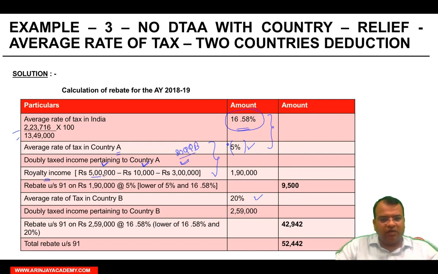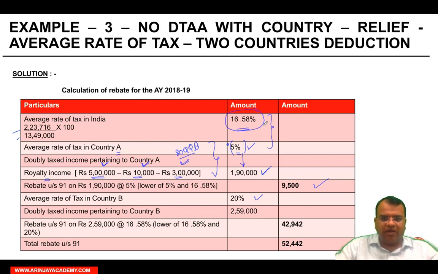So the amount of income which was actually taxed in India is how much? It is 1,90,000. 5 lakh minus 10,000 minus 3 lakh. How much will be the tax rebate I will get? I will get 5% of 1,90,000, which is 9,500.